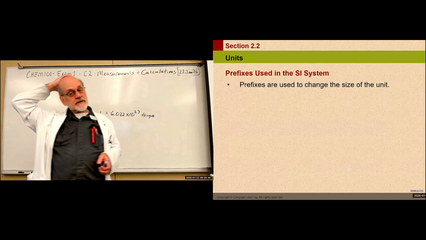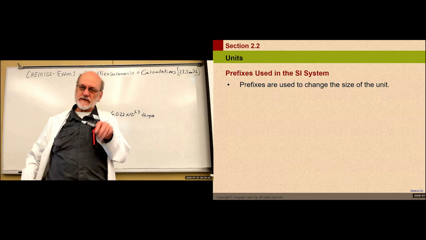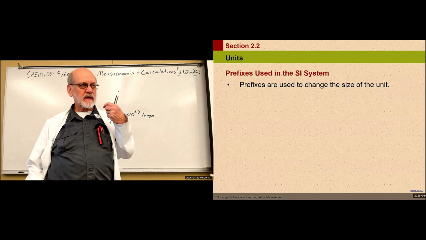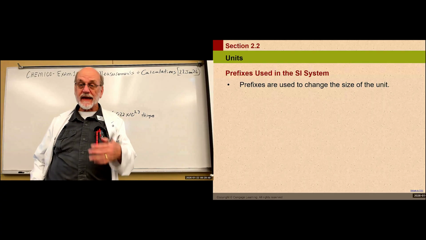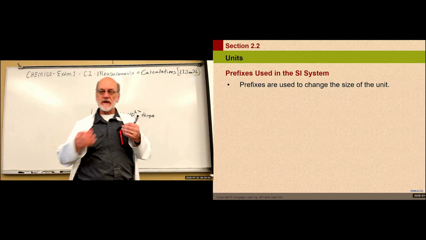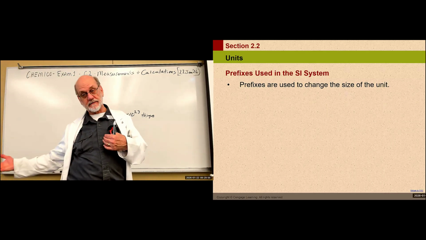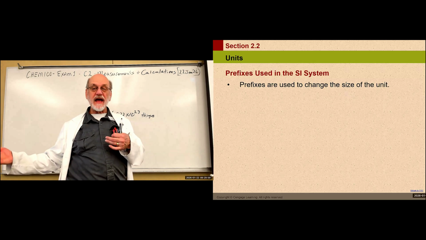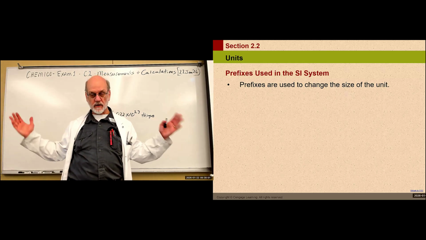Now, if these standardized units, the fundamental units, are not useful for making a measurement, say if I wanted to measure the distance between Beckley and Charleston in meters, that would be a huge number because the meter's only that long.